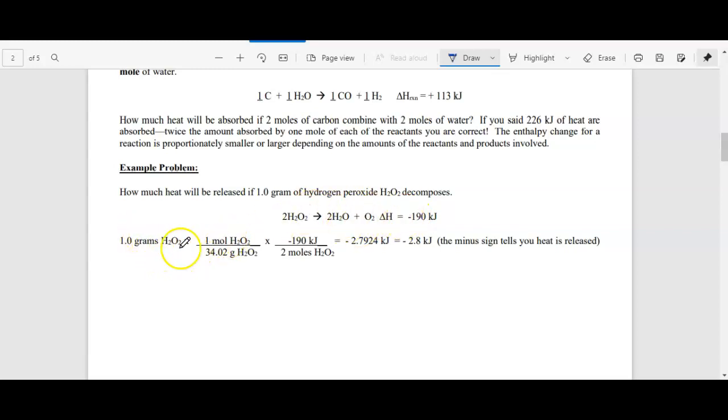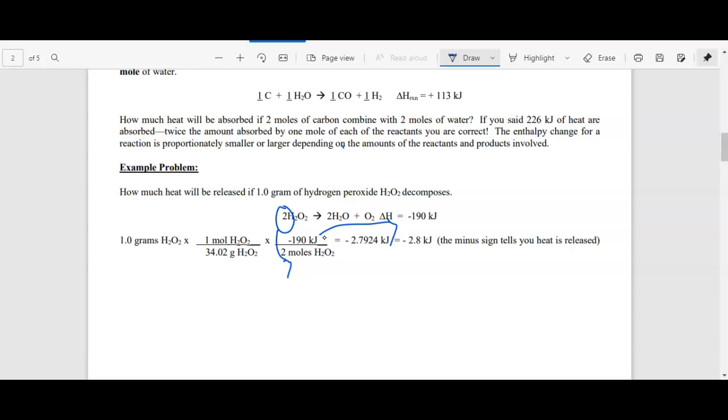Whenever we set up our train tracks, we're starting with 1 gram of H2O2. We convert this back to moles using our molar mass from the periodic table. And then this 2 moles comes from the equation up here. So 2 moles is going to go right here. And then that negative 190 comes from our delta H, how much heat is released. So what we're doing here is we're multiplying the top, dividing by the bottom, and then we get our answer.